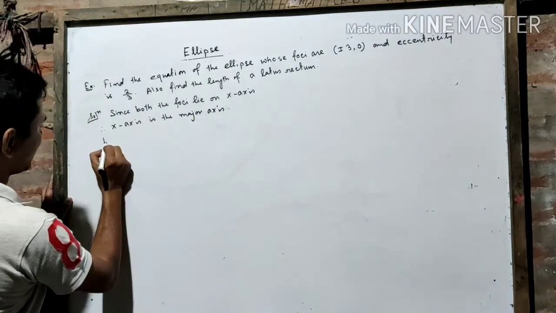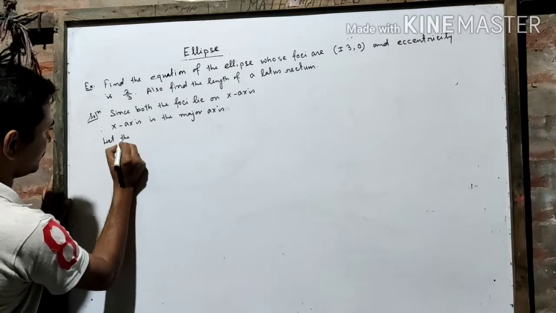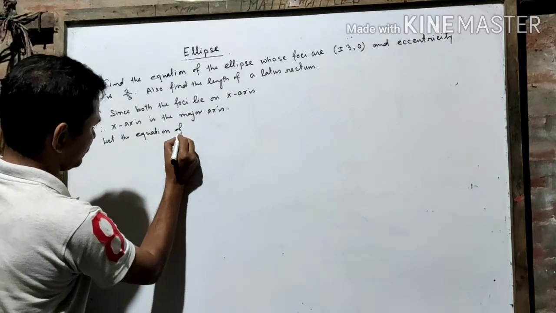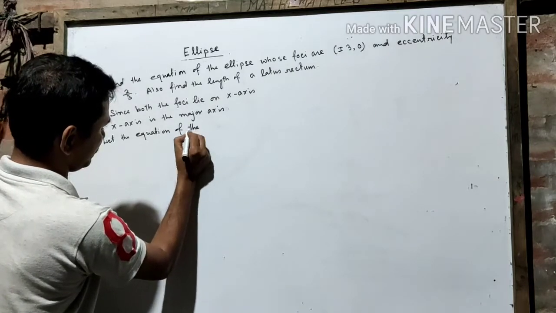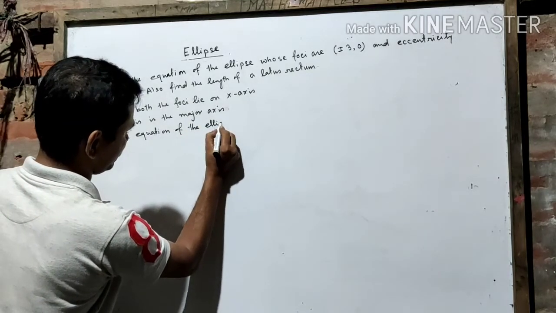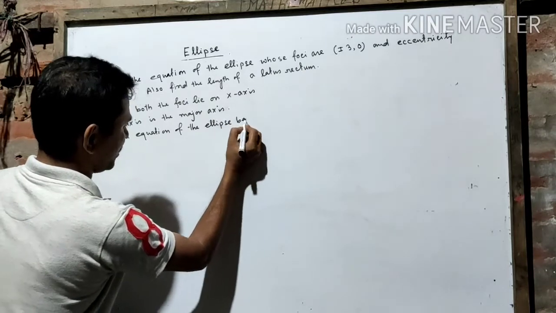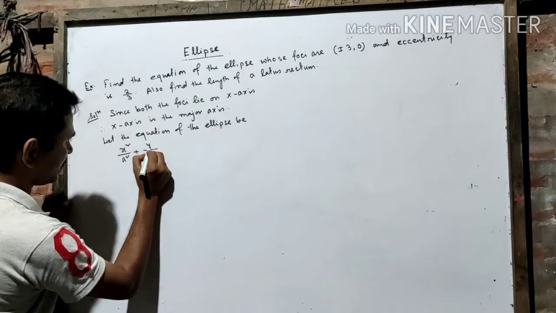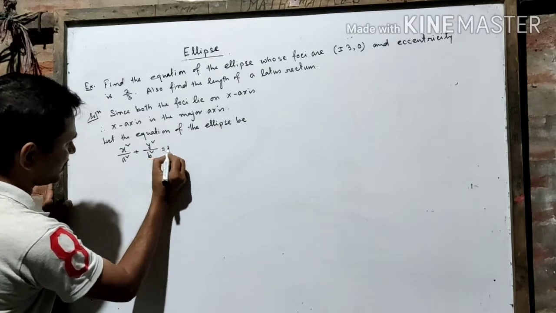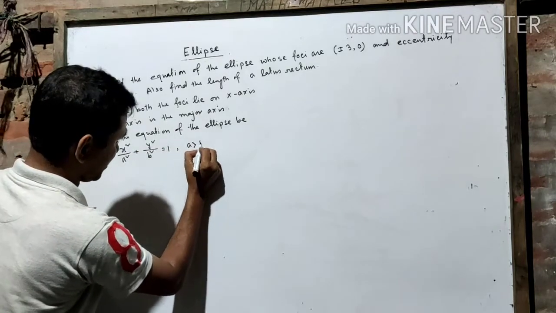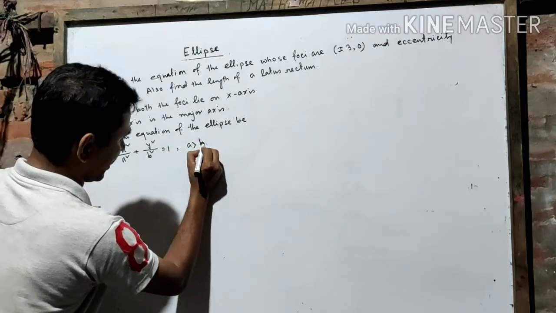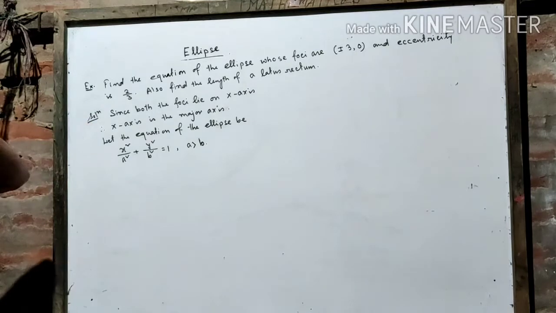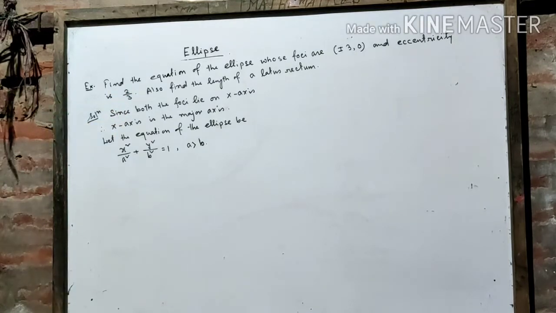Let the equation of the ellipse be x square by a square plus y square by b square is equal to 1, where a is greater than b. Don't forget to write this, where a is greater than b. Now we are to find the equation of the ellipse.